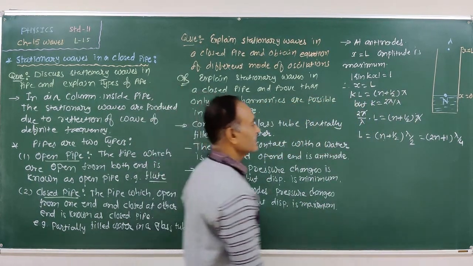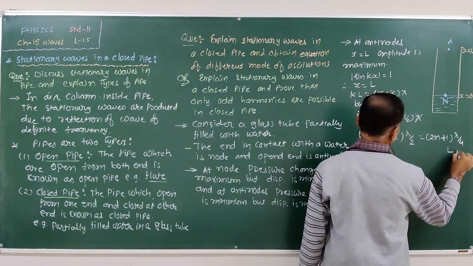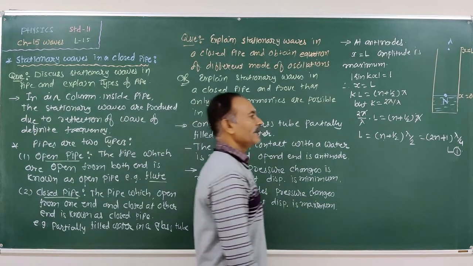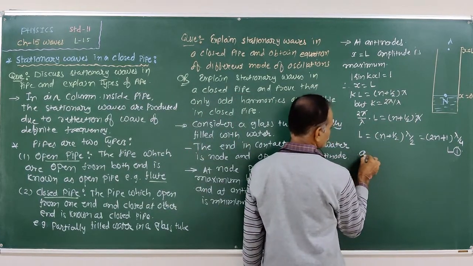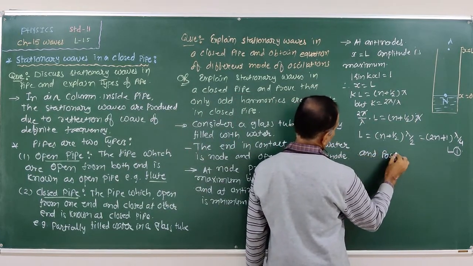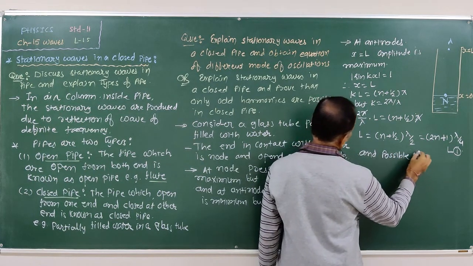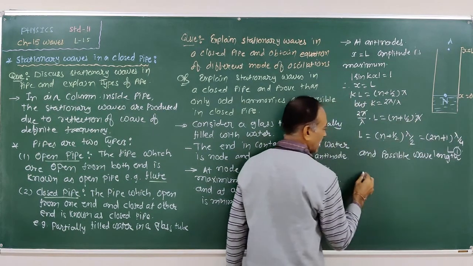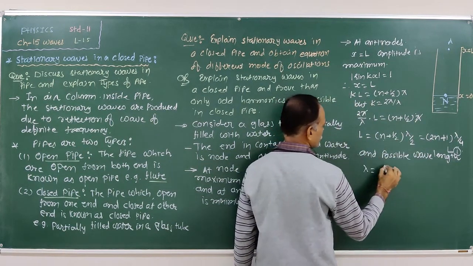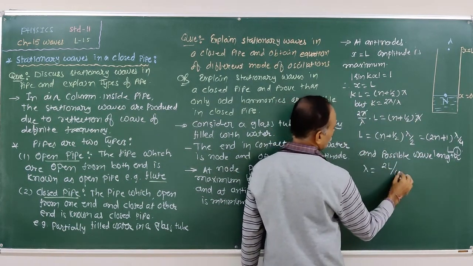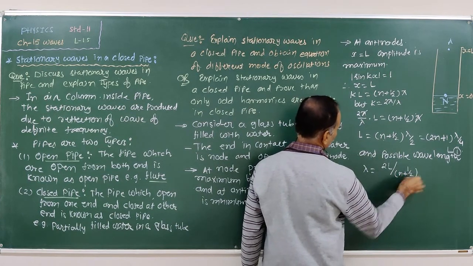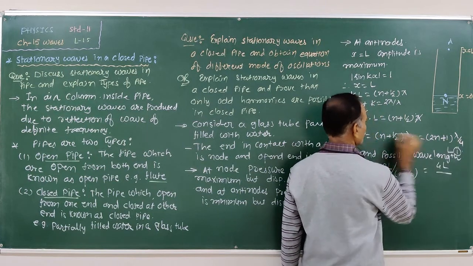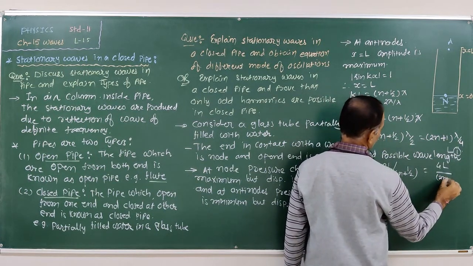This is the equation of the length of a column in a closed pipe. And the possible wavelength lambda is equal to, from this equation, 2L upon n plus 1 by 2, or it can be written as 4L upon 2n plus 1.